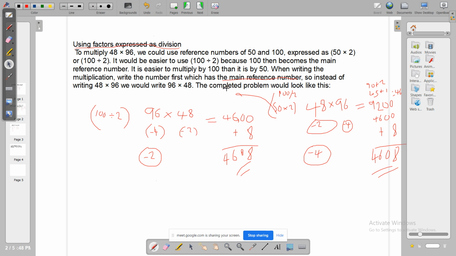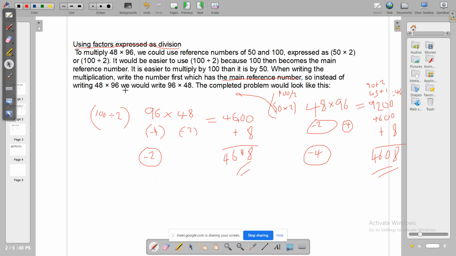So you can either use the 50 or 100, but we are saying that when we want to work with 100, because it's division, here is 48 times 96. So the main reference number we want to use is 100. It means that we need to turn the question, so the main reference number should come first.